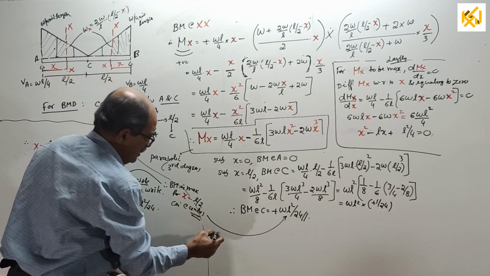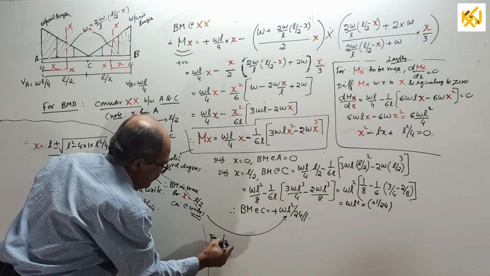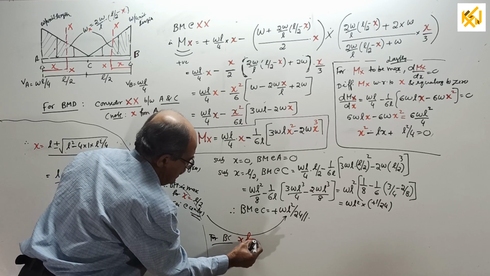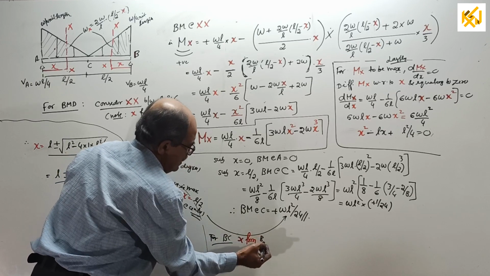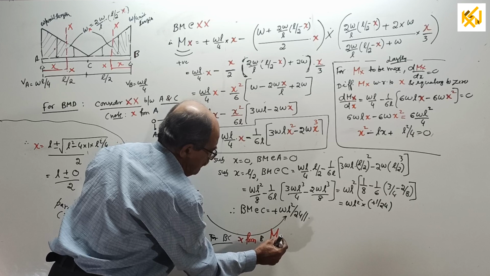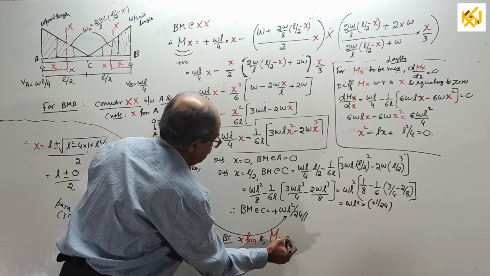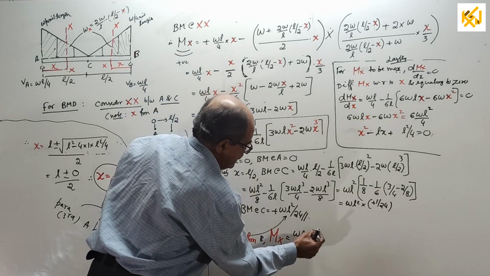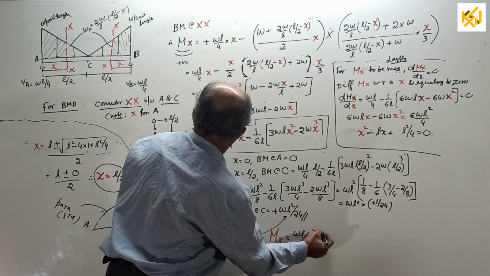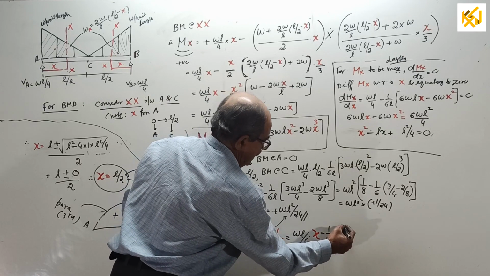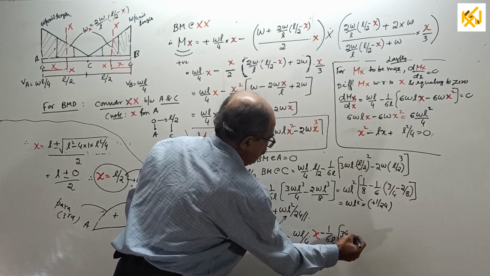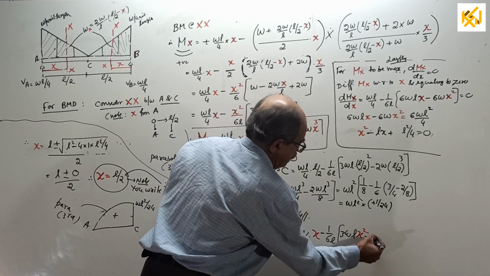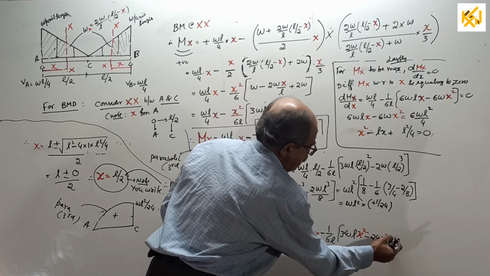So, you can write here for the BC portion, x from B, your Mx equation will be sagging positive equal to WL by 4 into x minus 1 by 6L times 3WL x square minus 2W x cube.